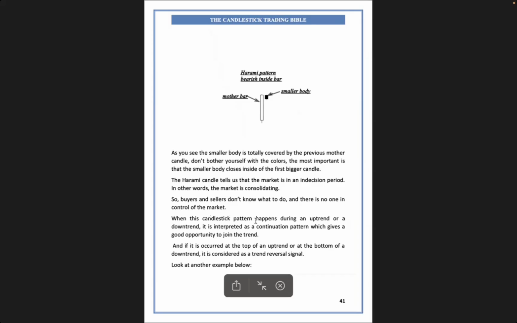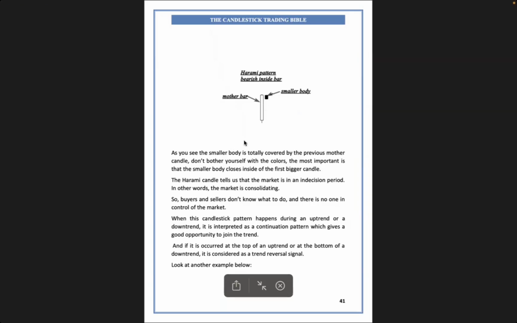So when this candlestick pattern happens during an uptrend or a downtrend, it is interpreted as a continuation pattern, which gives a good opportunity to join the trend. So if the price is going up, it can be interpreted as a continuation pattern, which means if price has already been bullish and is going up, and something like this happens, according to the book, it's trying to tell you that you can enter when you see a candlestick pattern like this.